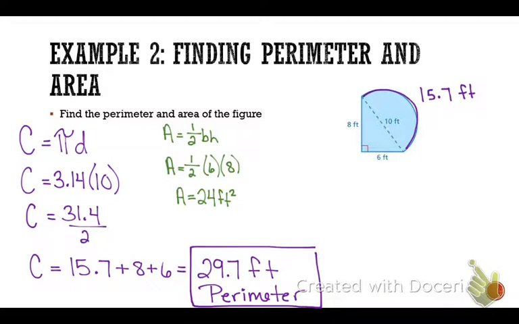But now I have to do my semicircle. We did this yesterday in 9.2. You did this last night on your homework. I need to find the area of the circle. Then what would I do? Divide by 2. Okay, so A equals pi r squared.